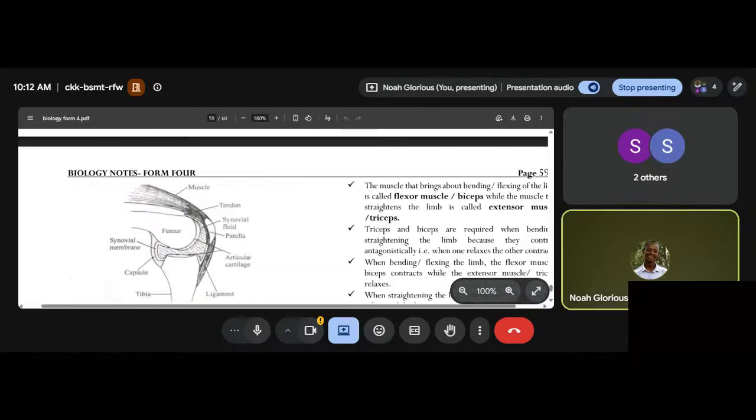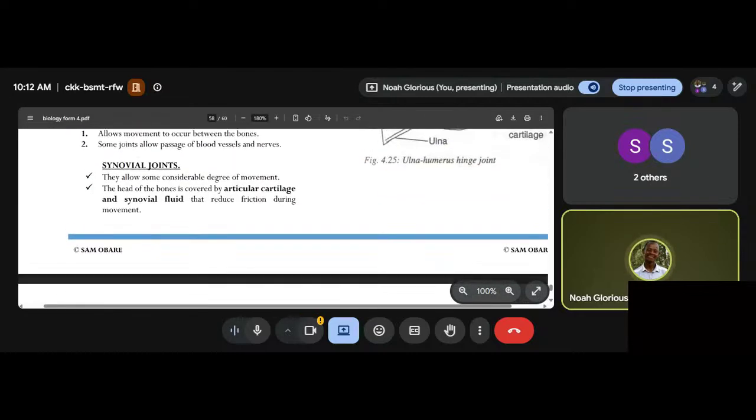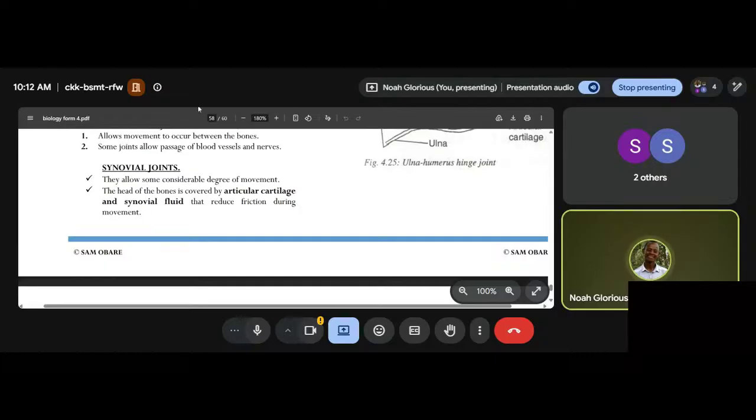One, it helps to reduce friction and wearing out of the bones when they are moving on top of each other. The function of the synovial fluid is that it absorbs friction.